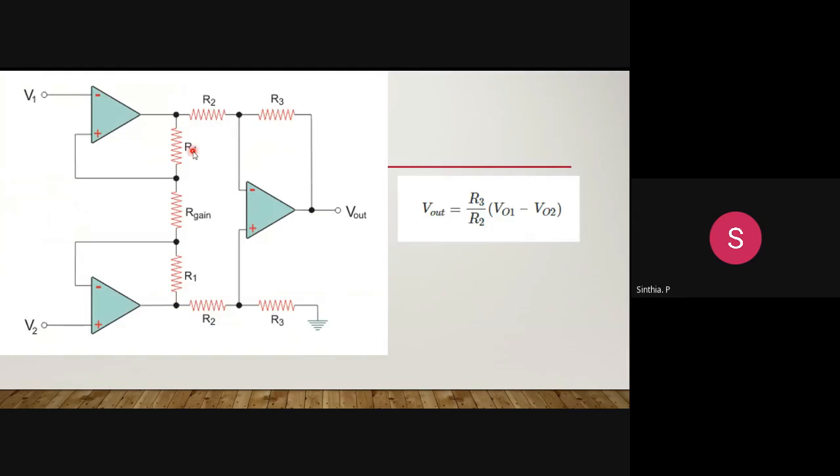So here we have three op amps. This is the differential amplifier circuit. So we have three amplifiers set up. This actually forms the instrumentation amplifier circuit. The output from the transducer, the transducer will give you the electrical signal, will be given as input to the instrumentation amplifier.